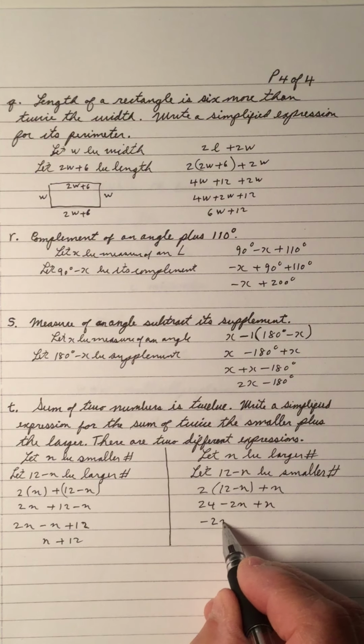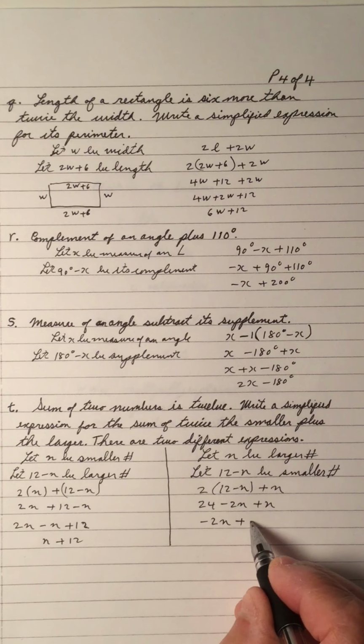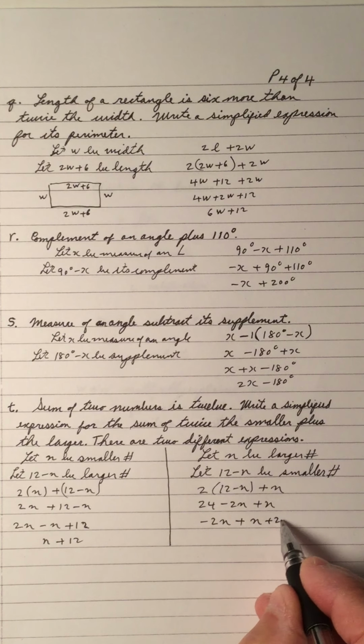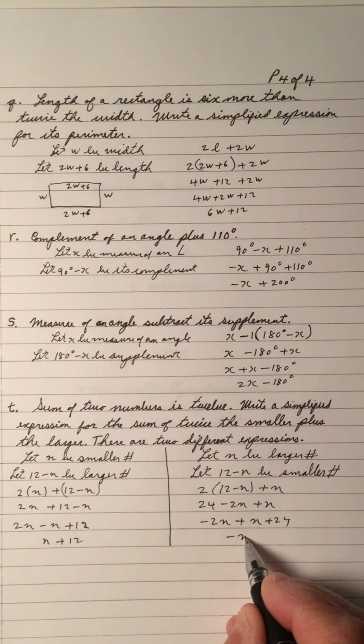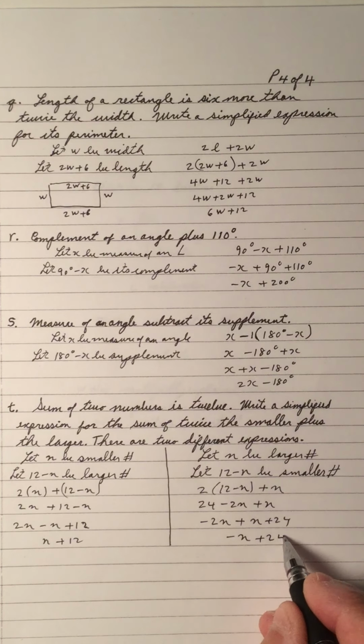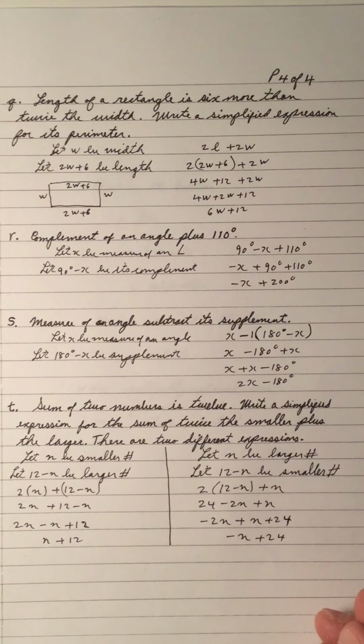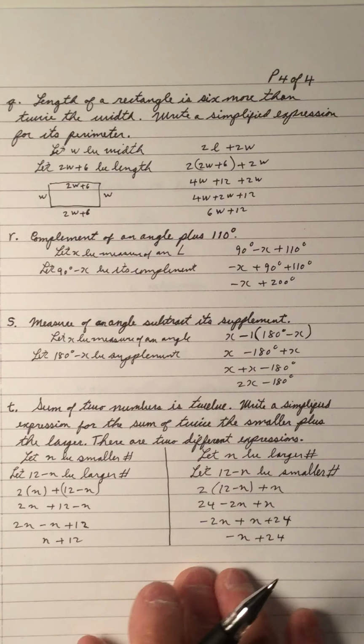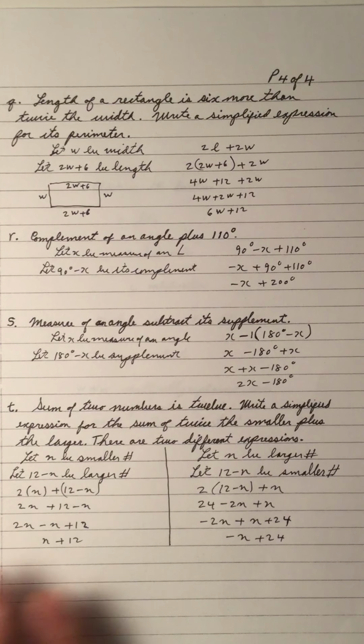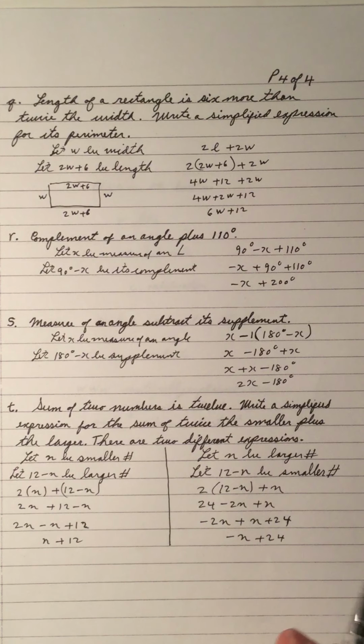So that's negative 2n plus n plus 24, which is negative n plus 24. So the two expressions will represent this either way, but let me explain a little bit further.